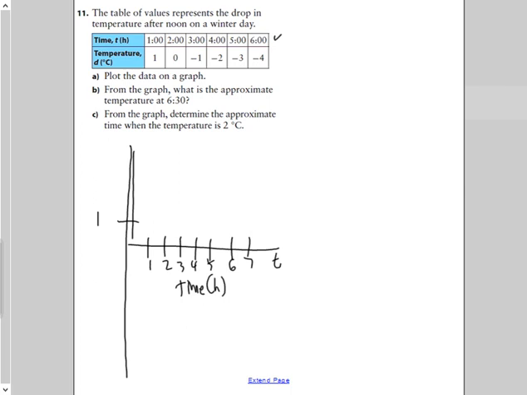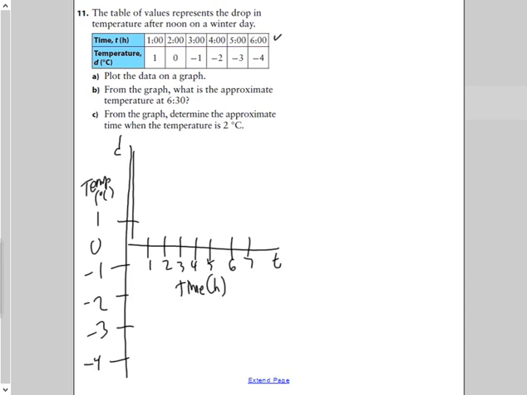We're going to call this one temperature, in degrees Celsius. So D for degrees, because the T is already taken. And that's 1, that's 0, that's -1, that's -2, that's -3, and that's -4.